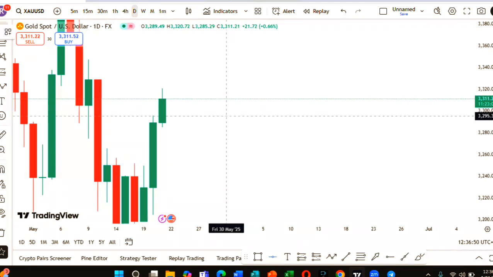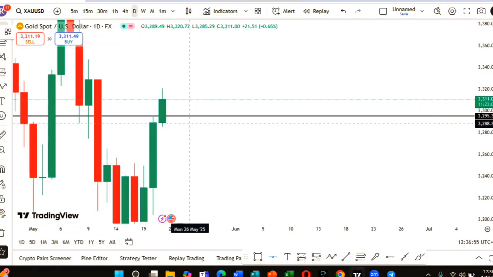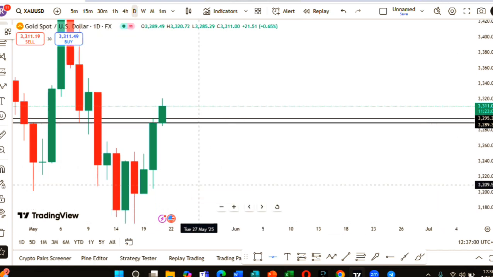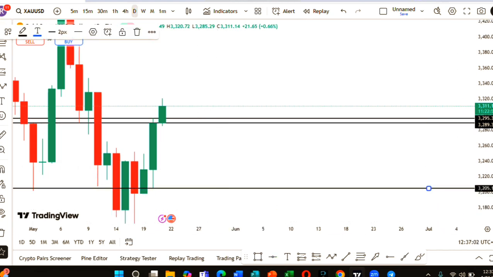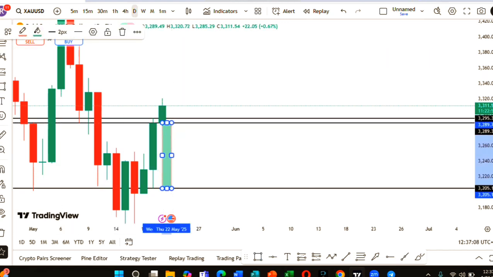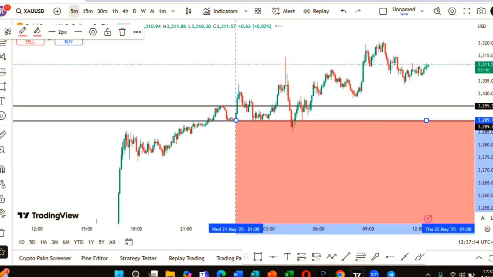I mark the previous day's high with a black line, previous day's low and previous day's close. We are expecting to buy this market at this point. This is the area that we are expecting to buy from.